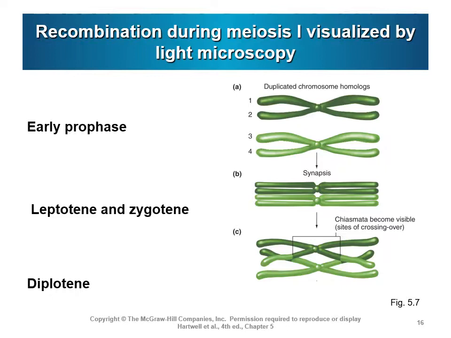Then during leptotene and zygotene, stages of meiosis we have already talked about, the chromosomes come very close to each other. Then in the diplotene stage we see the chiasmata, how the chiasmata form, and the state of the crossing over of chromosomes.